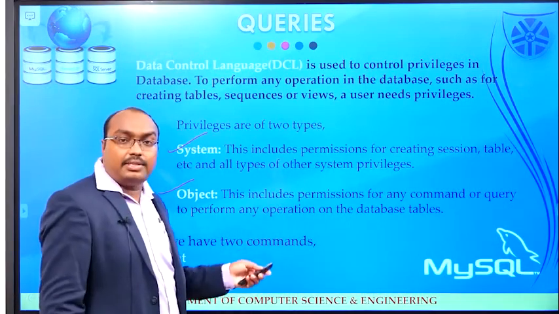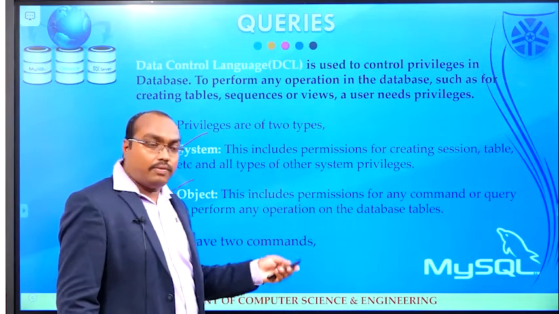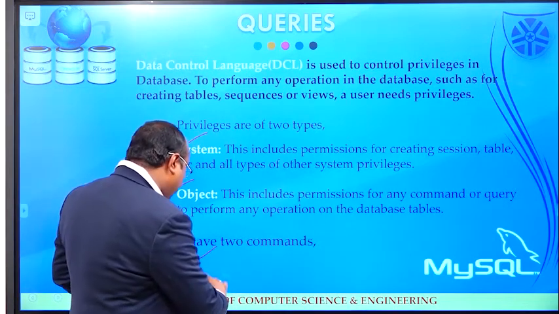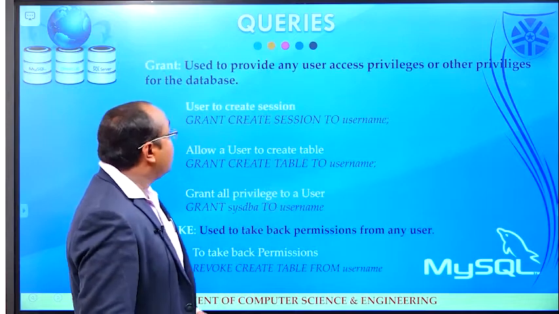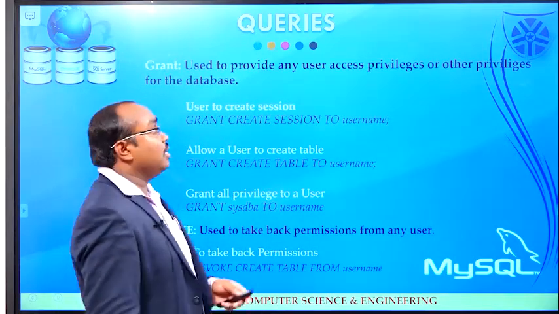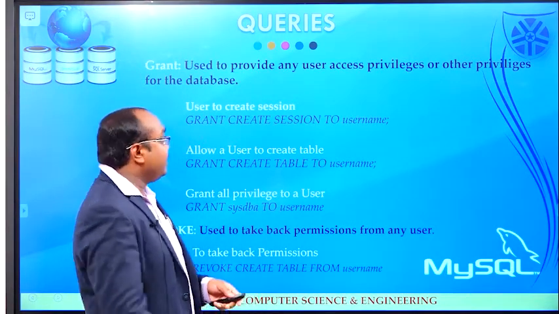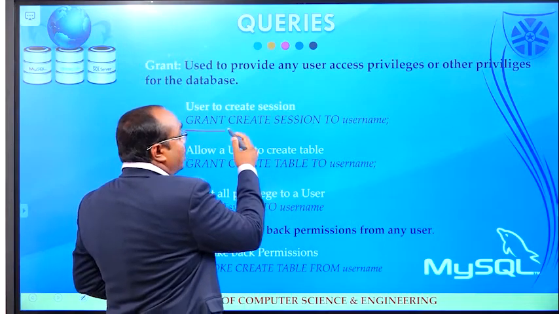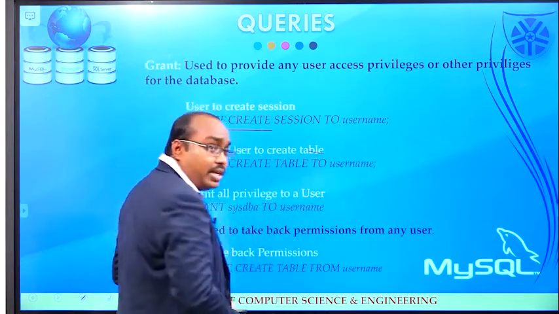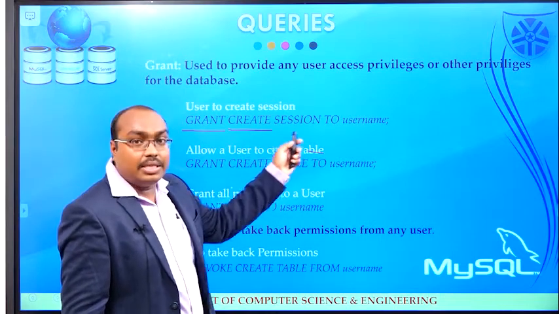In these DCL commands, there are two main types of commands available. First command, grant, and the second one, revoke. The grant command is used to provide users access privileges or other privileges for the databases. The syntax is grant create session to the user. Here I am giving privileges for the sessions.